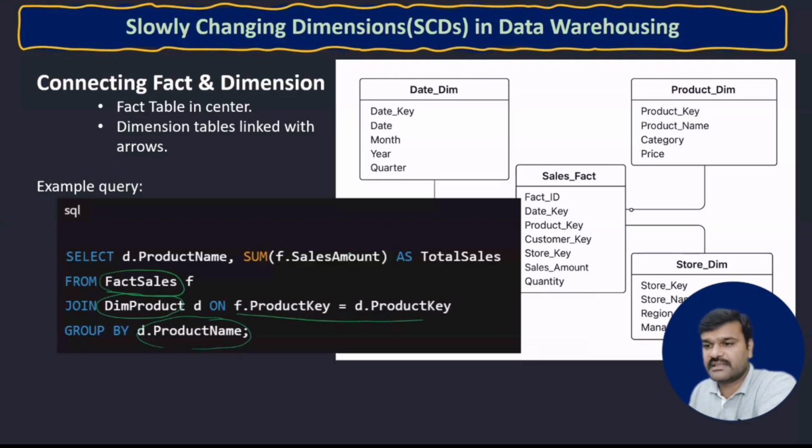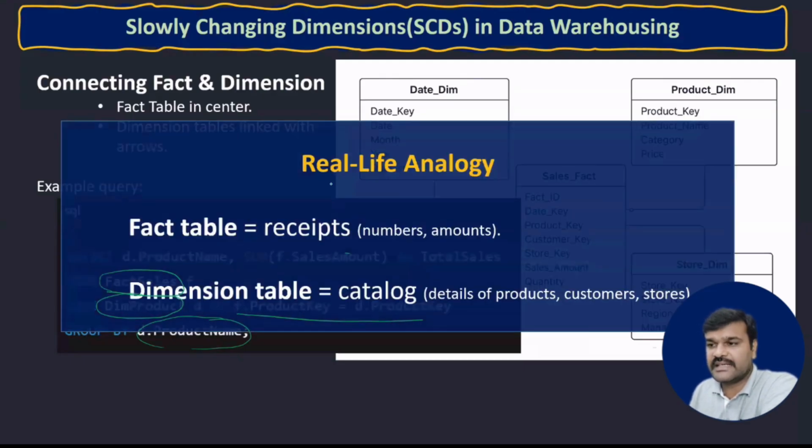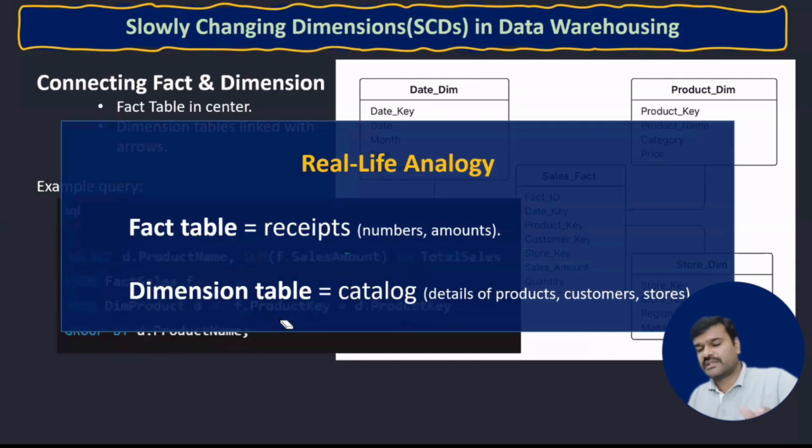Very simple, nothing much overall. In the real world, if you want to understand in a simple manner, when you go to any hotel, what is going to happen? You are going to have a catalog in front of you. That catalog tells what kind of dishes are there and all those things.